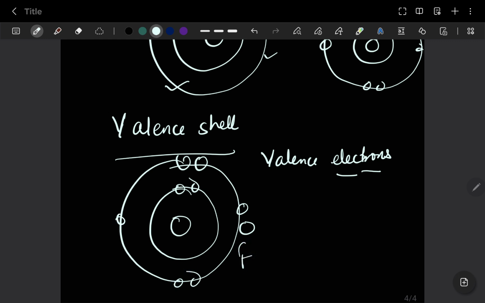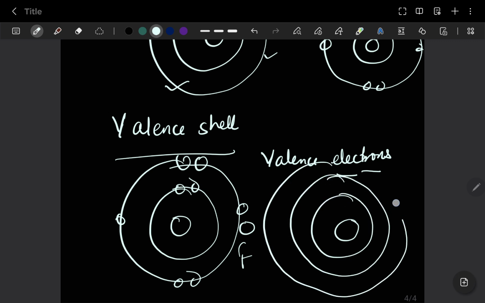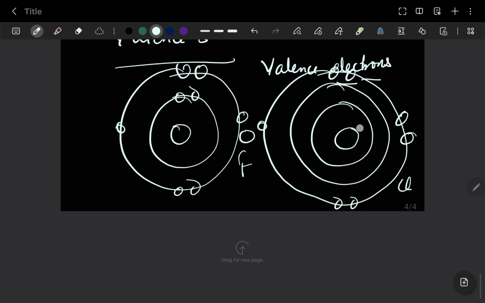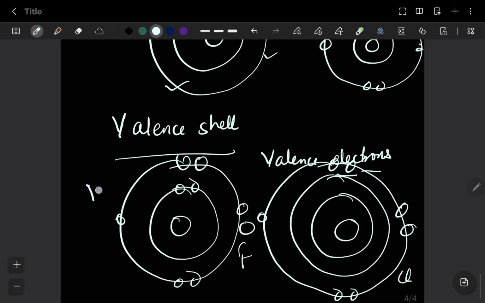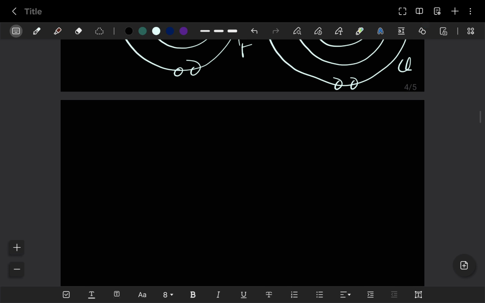And if I say chlorine, this is the atom, this is the first shell, second shell and third shell, and in the third shell there will be 7 electrons. This is chlorine. Clear? So both will behave similarly and similar compounds will be formed. Similar means it's not the same compound. Sodium fluoride is added in toothpaste, and sodium chloride is the table salt which we eat. So you can see.